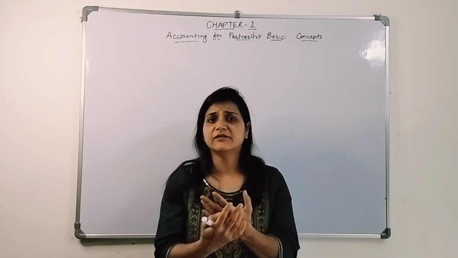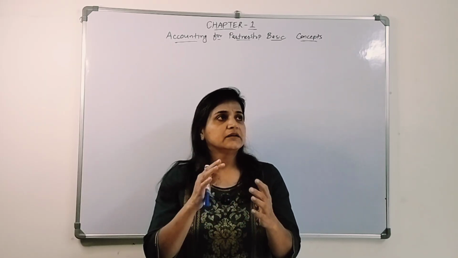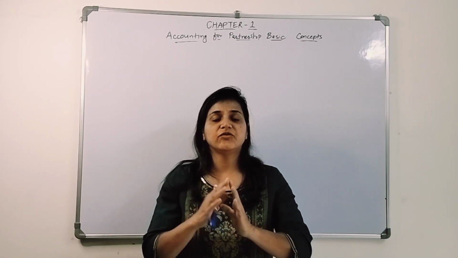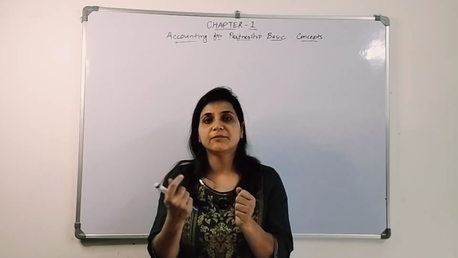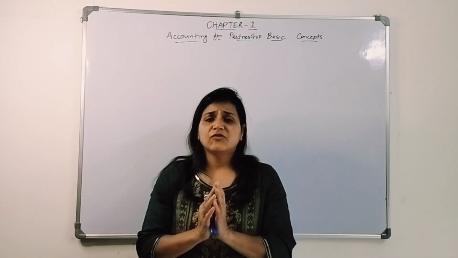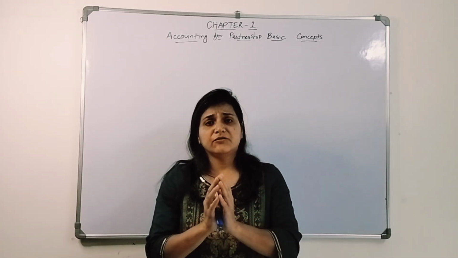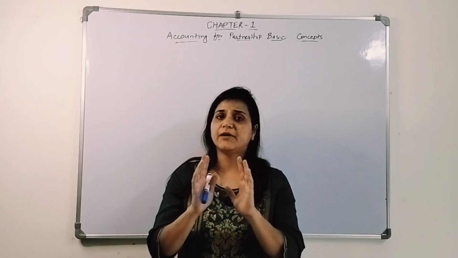If there is a dispute between the partners, how they will try to resolve it, the reconstitution of a partnership firm, like whether there is an admission, retirement or death of a partner, how the partnership firm will get reconstituted. When the partner has given any kind of loan to the firm, how much interest to be given, everything is mentioned in that partnership deed.